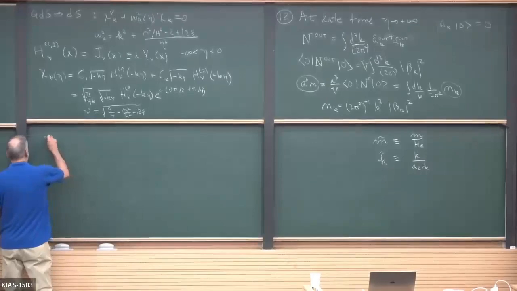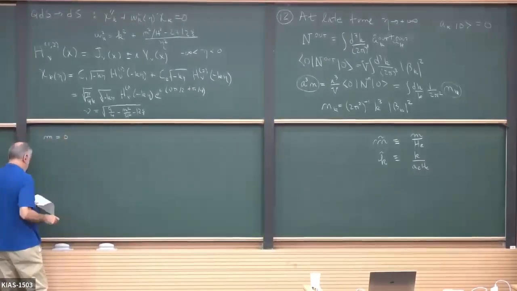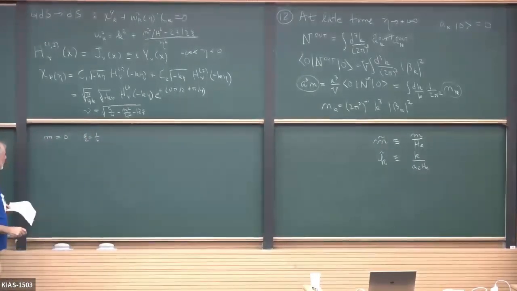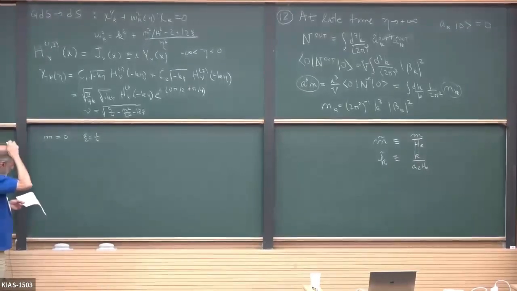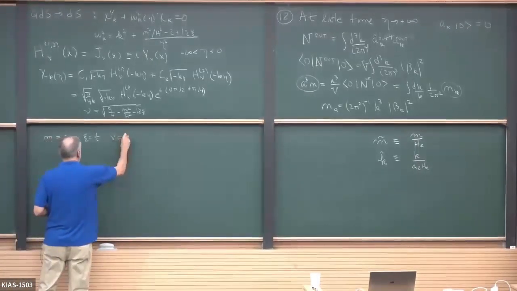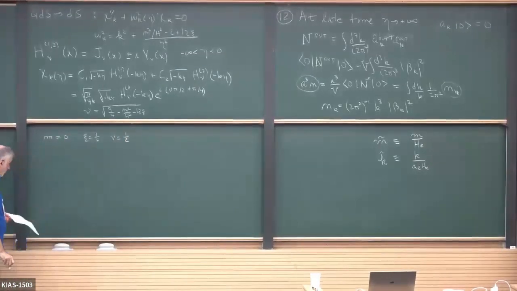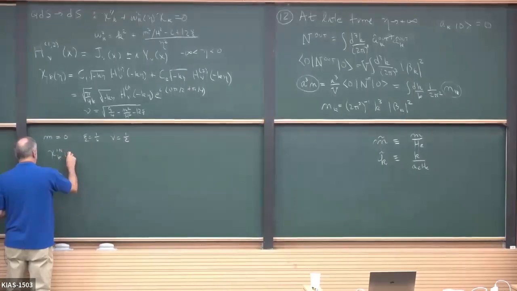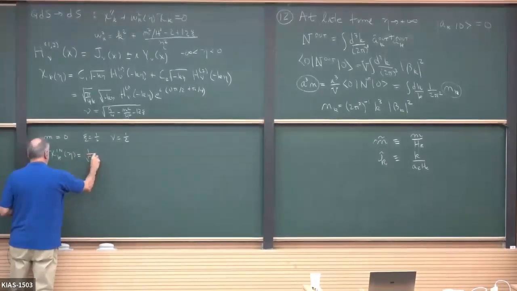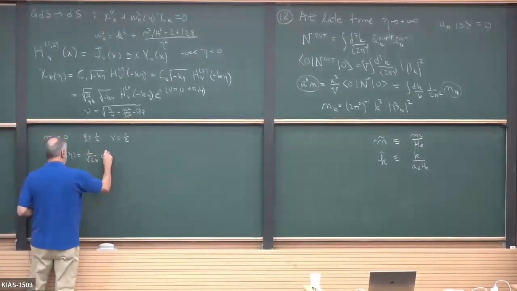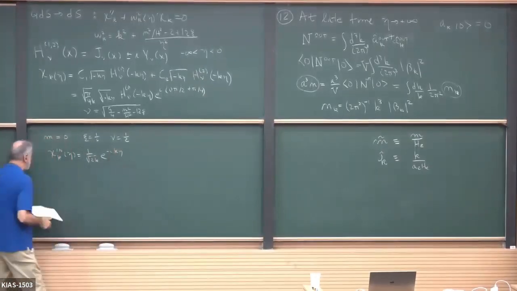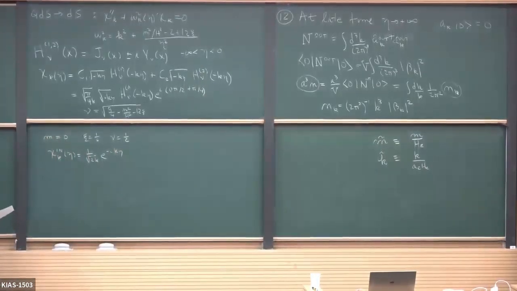Let's look at m, the mass, equal to 0. And let's look at the conformal case of c equal to 1/6. If c is equal to 1/6 and m is equal to 0, nu is equal to 1/2. So if nu is equal to 1/2, that's chi-k in.